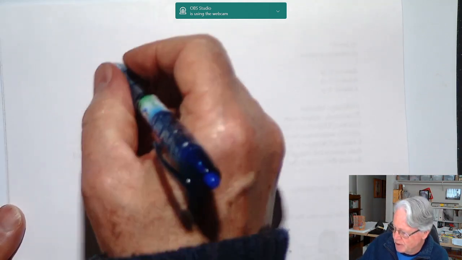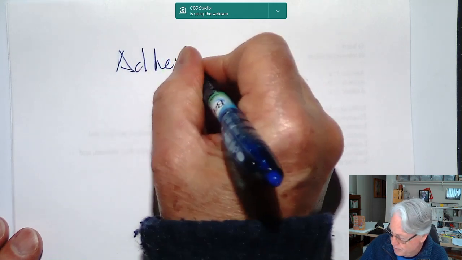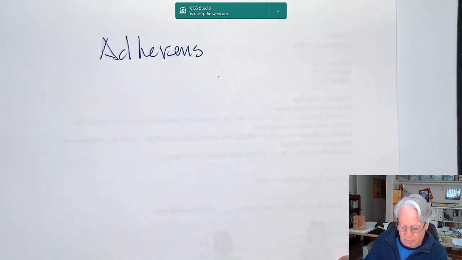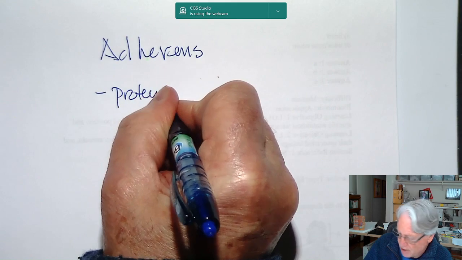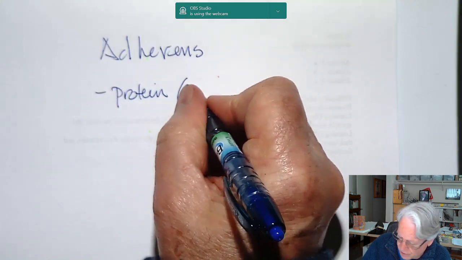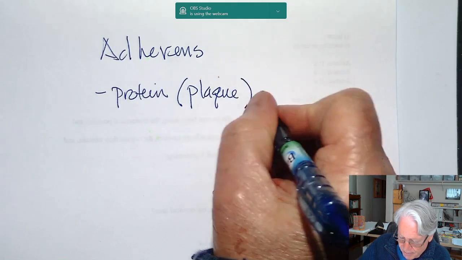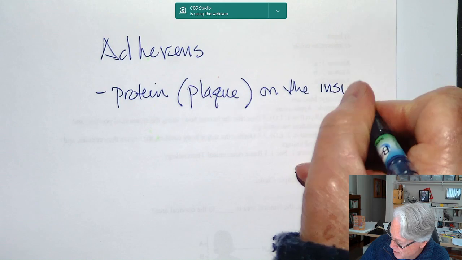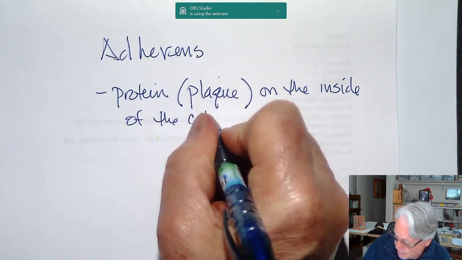All right. Let's talk about the next one, which is adherens. Here, what we're talking about is a protein called a plaque on the inside of the cell.